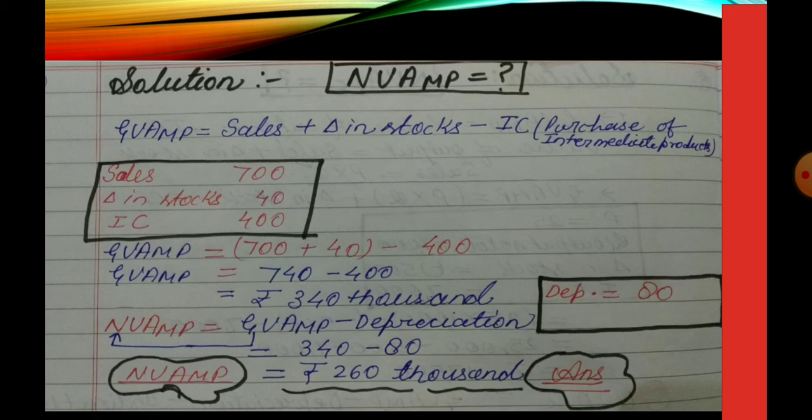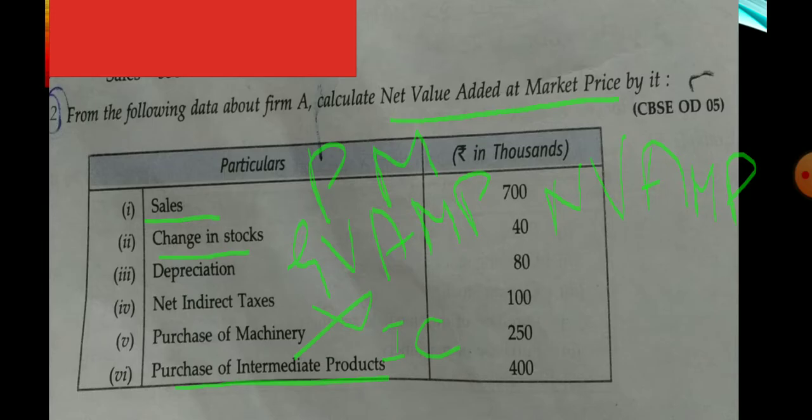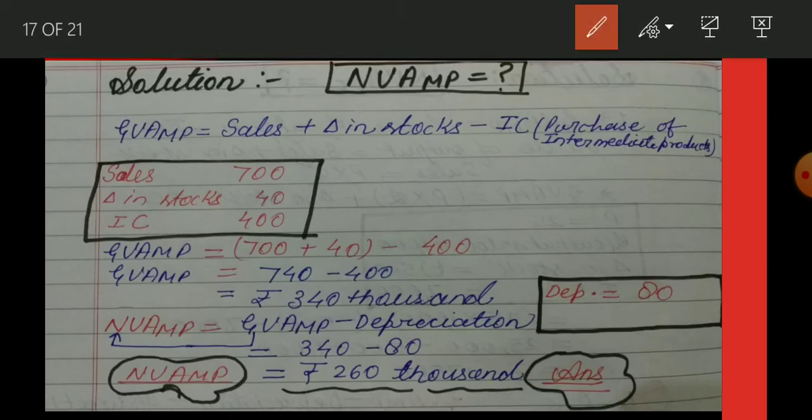So when we put all these values, we get 740 minus 400. In this way, we get the value of GVAMP, that is equal to 340. And what we have to find out? We are required to find out NVAMP, and after using the production method, what we get?